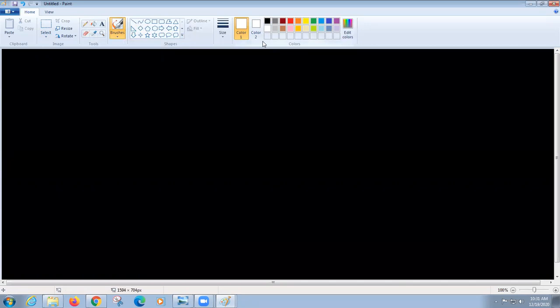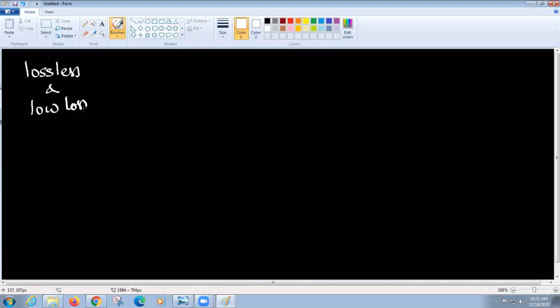Now for a lossless and low loss medium, what is eta? Eta is equal to root of mu by epsilon. That means eta is a real value. Agree? So as long as I have real impedance, there is no problem. But what happens in the high loss case?